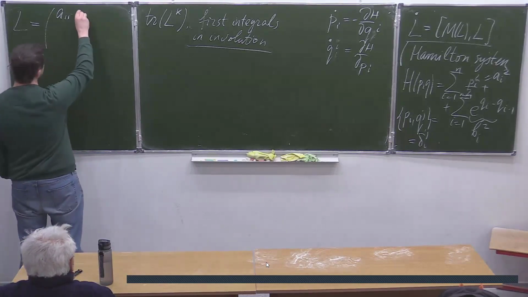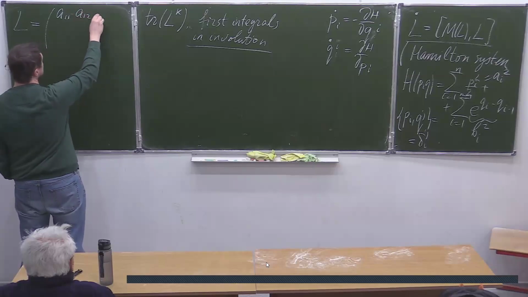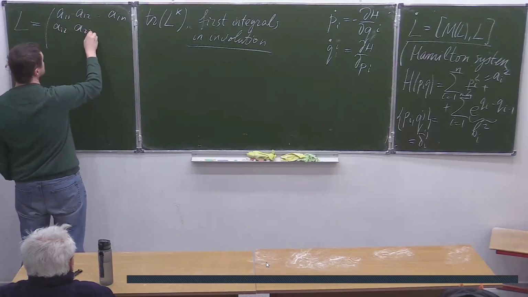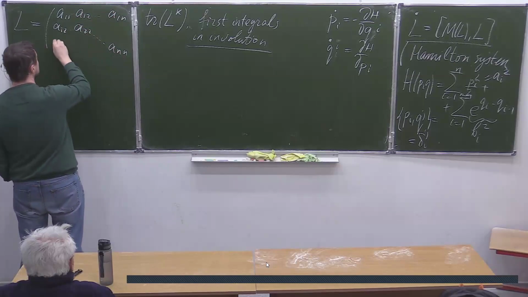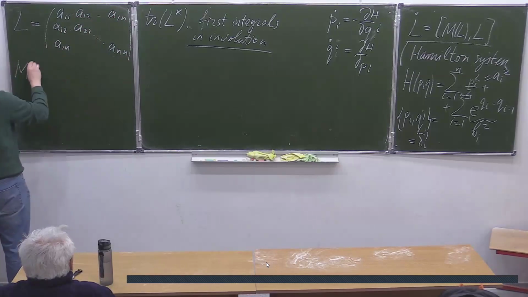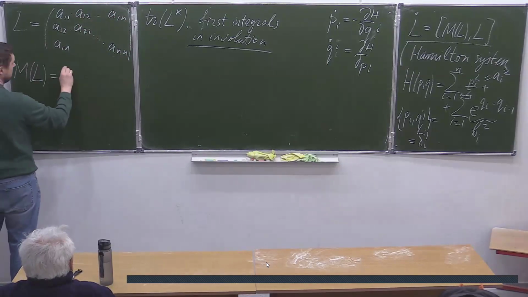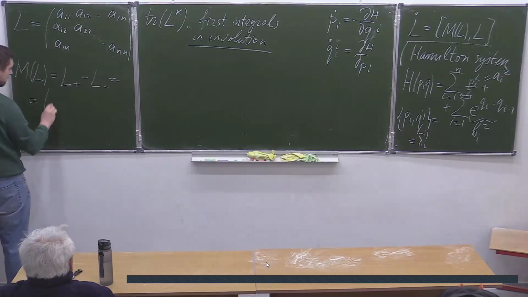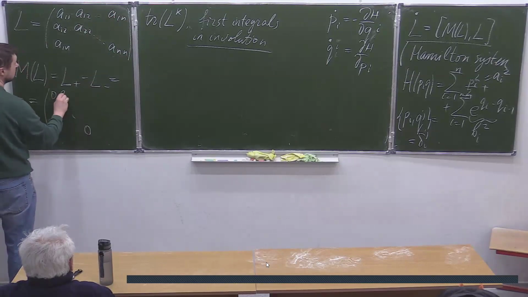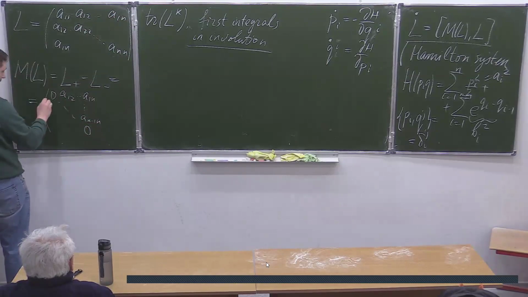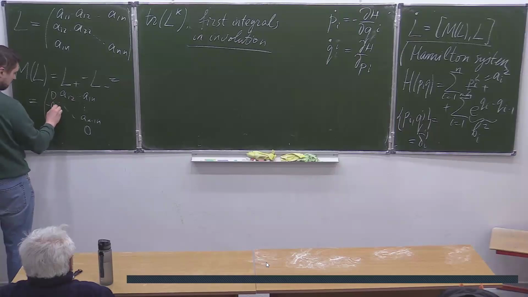So let L now be an arbitrary symmetric matrix. I can still define its naive anti-symmetrisation by the formula L plus minus L minus. That is to say, we preserve the elements above the diagonal, we delete the diagonal, and we invert the signs of the elements below the diagonal.